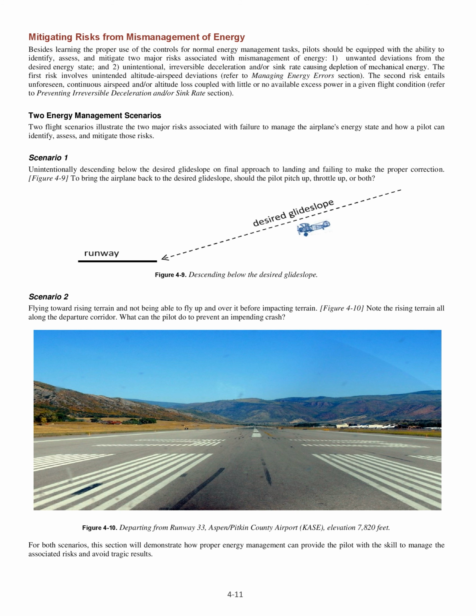Scenario 2: flying toward rising terrain and not being able to fly up and over it before impacting terrain. Note the rising terrain all along the departure corridor. What can the pilot do to prevent an impending crash? For both scenarios, this section will demonstrate how proper energy management can provide the pilot with the skill to manage the associated risks and avoid tragic results.